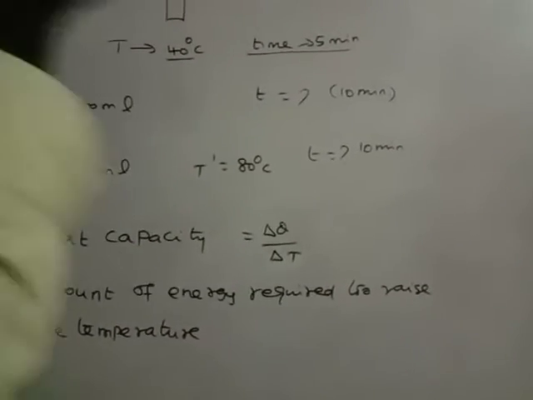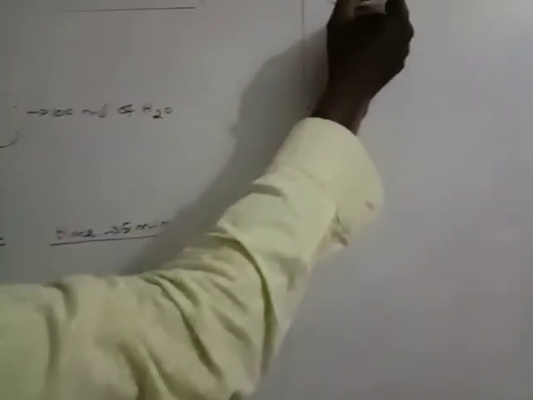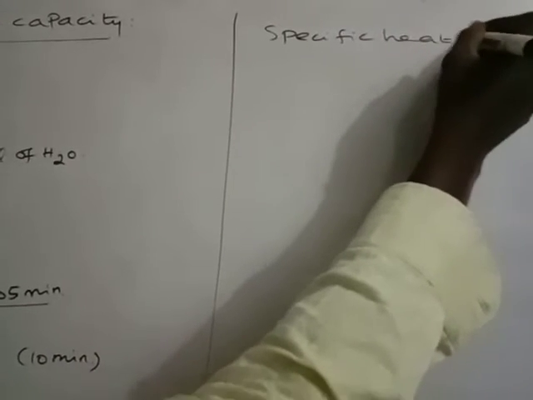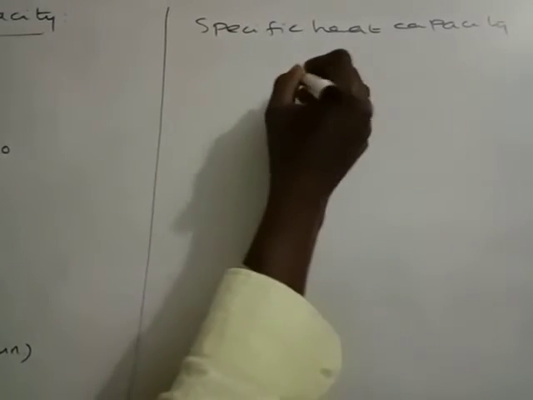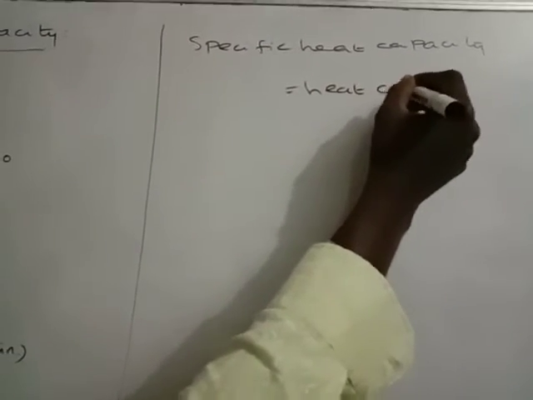Next one, specific heat capacity. Specific heat capacity is equal to heat capacity per unit mass.